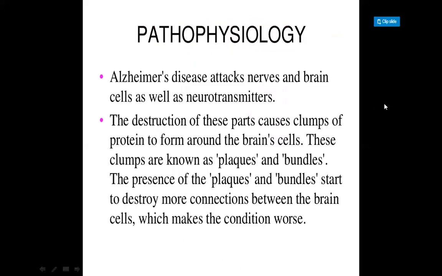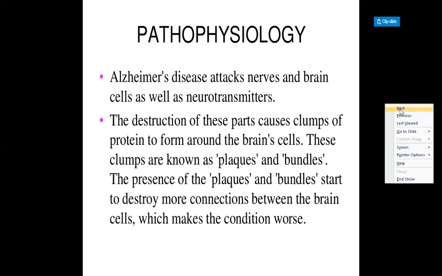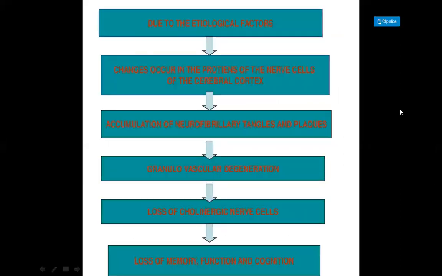Then next is the pathophysiology of Alzheimer's disease. Due to etiological factors or risk factors, which may be environmental factors, genetic factors or neurotransmitter factors, changes occur in the protein of the nerve cells of the cerebral cortex.